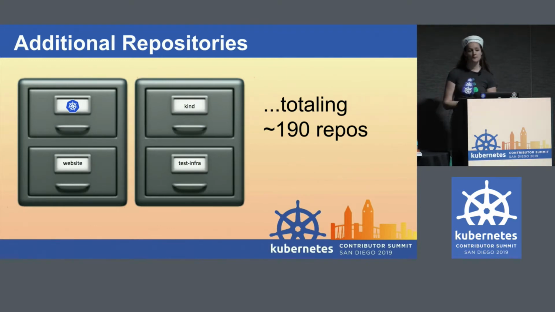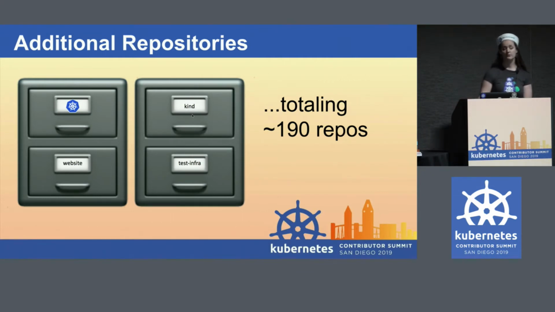That is where all the automation lives that makes the bots work, puts all the labels onto things, and merges your pull request when you're done. The Kubernetes website is where we do a lot of our documentation. And you are already getting kind from Kubernetes SIGs. There are a total of 190 repositories in the entire ecosystem. That's the bad news. The good news is there are lots of places to get involved.